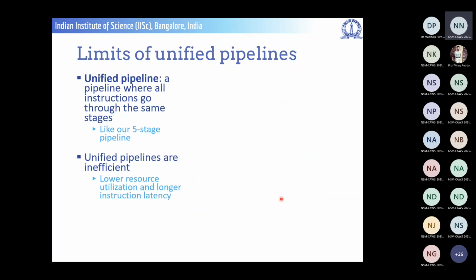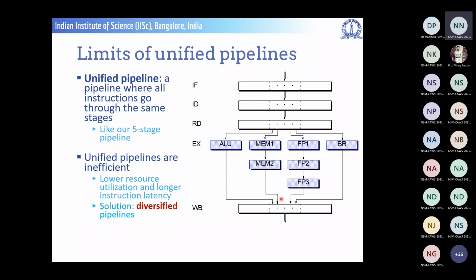The other thing is slightly, I'd say, tangentially related, but I wanted to mention it because we often have this concept that pipeline means there are 5 stages, and they are all equal. But in a real pipeline, it is understood pretty well that different instructions require different amounts of time and complexity.